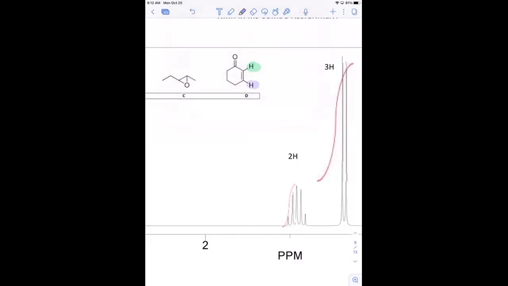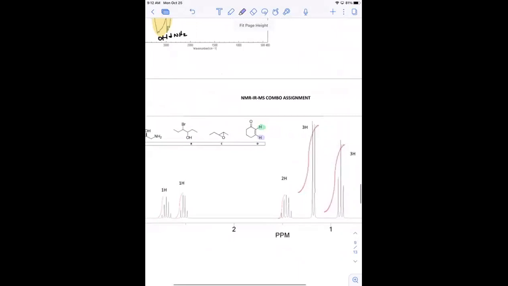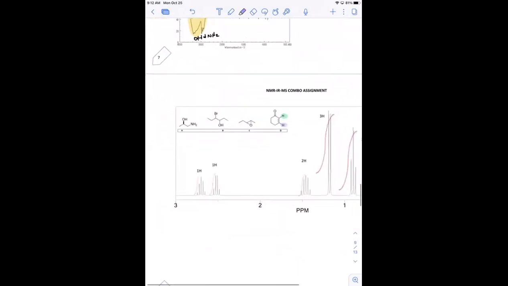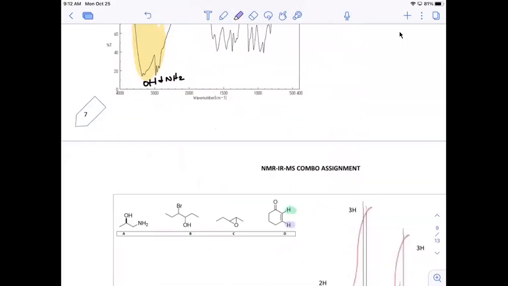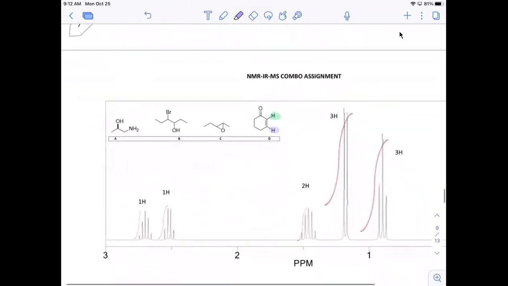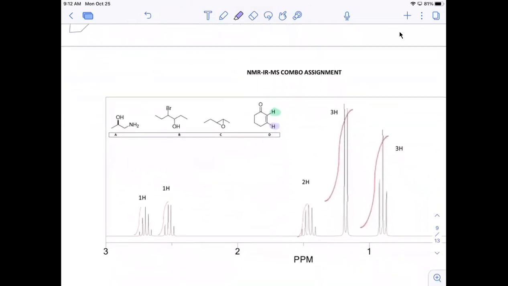Where would they show up? You should have an idea now about the chemical shifts. What region? Downfield. Yes. Further downfield.